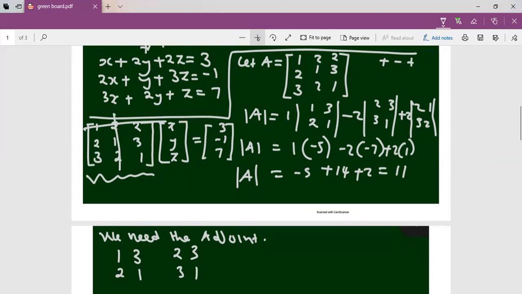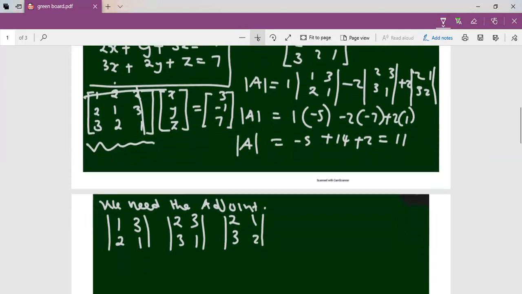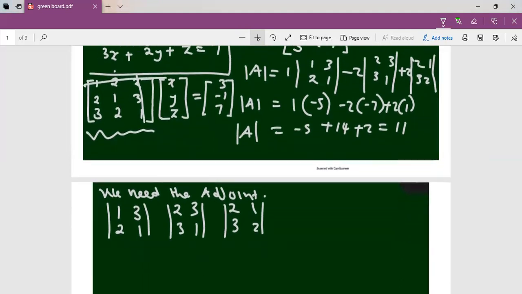Then if you go to the last one here, you remain with 2, 1 and 3, 2. Of course, we are going to get their respective determinants. I'm done with the first row. You go to the next second row, which is this one. All right. So once I'm at point 2, you eliminate this column. What are we remaining with? 2, 2, 2, 1.